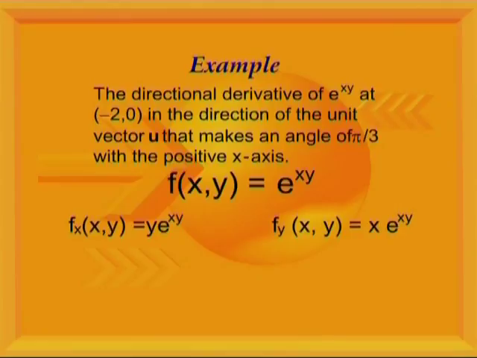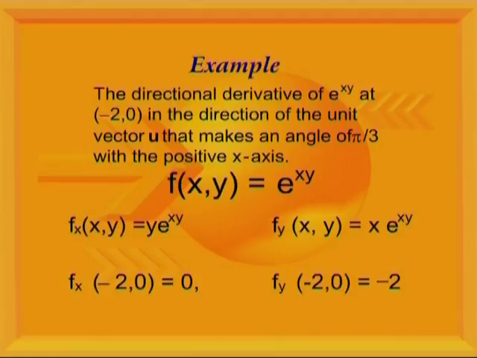Their values at the point (-2, 0) are easily calculated: fx is equal to 0 and fy will be equal to -2, and the angle is pi by 3, so we need cosine of pi by 3 and sine of pi by 3.